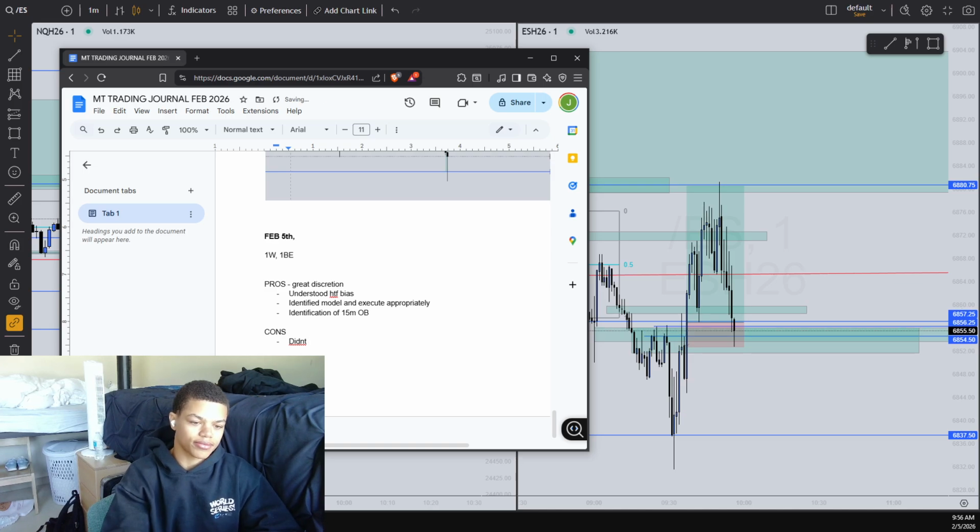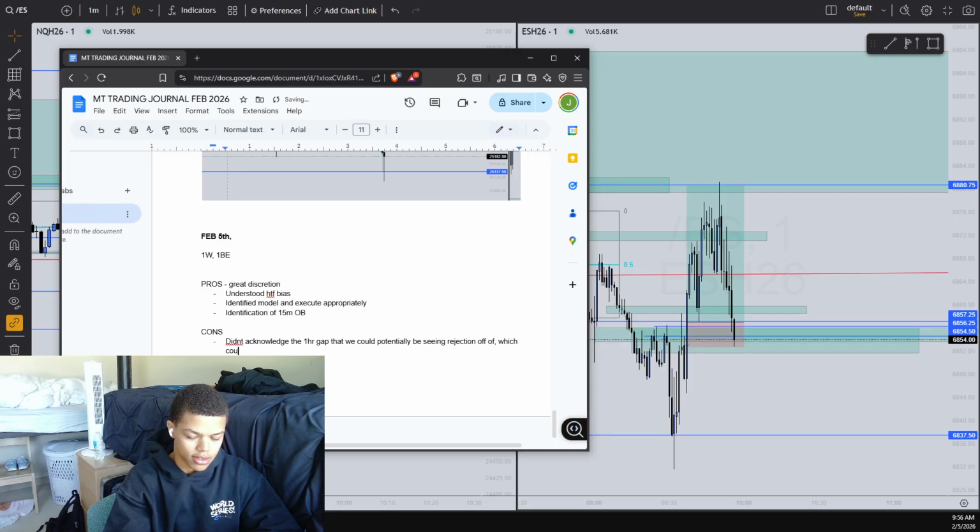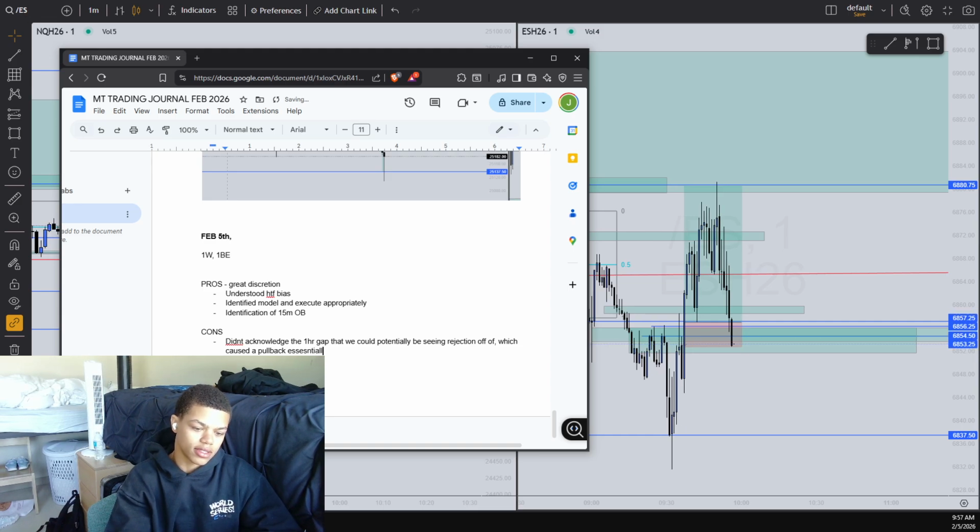So we didn't acknowledge the 1 hour gap that we could potentially be seeing rejection off of, which caused a rejection, or which caused a pullback, essentially taking us out of the trade, essentially hitting us out at break even.